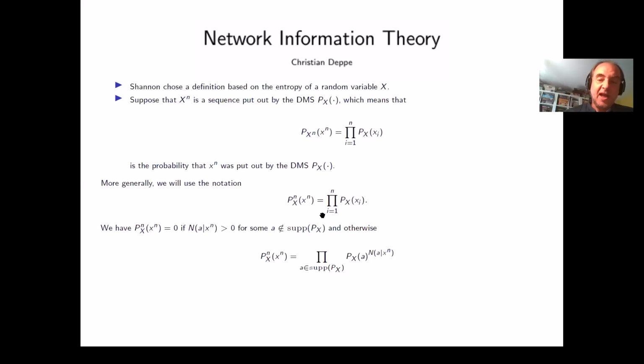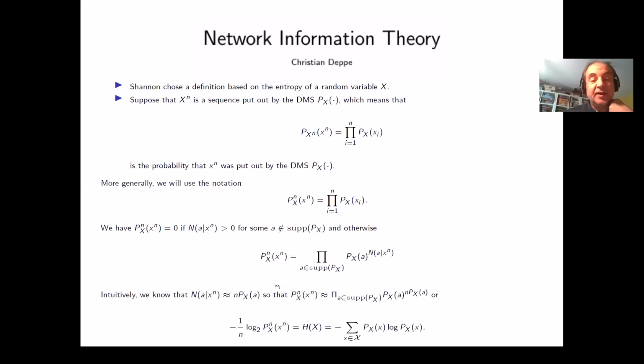So for this reason, we take the product only over the support of P_X. The support of P_X are only those elements for which the probability is bigger than 0. In most cases, we will assume that for all symbols in X, the probability is bigger than 0.